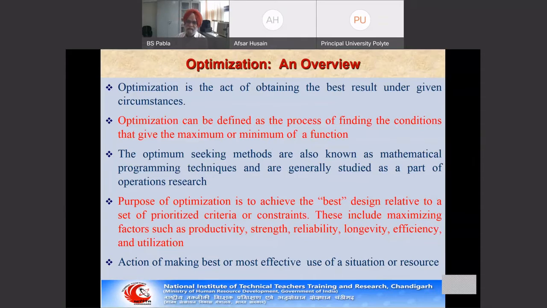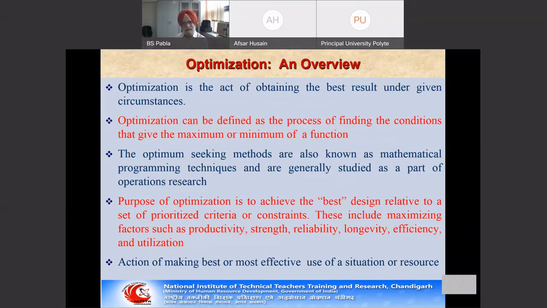Then the quantity produced becomes the criterion. But at other times, maybe we are more concerned about the surface finish and not concerned about the quantity of production. At the same time, there may be instances where you want both: the best surface finish as well as the best quantity and maybe minimum cost also.